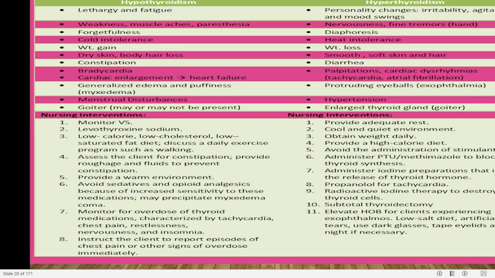Remember, if your client is pregnant or expecting to get pregnant, the drug of choice in such a category is normally propylthiouracil. Number 7, administer iodine preparations that inhibit the release of thyroid hormones.